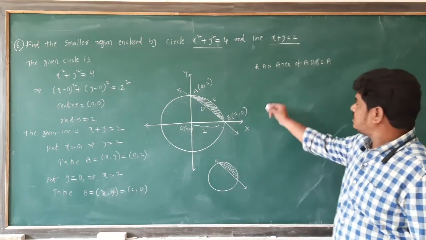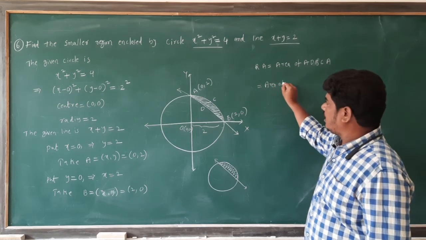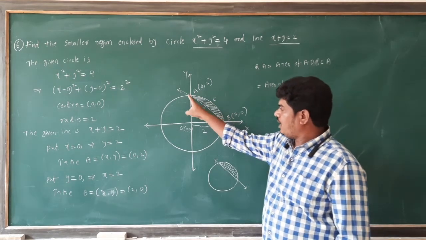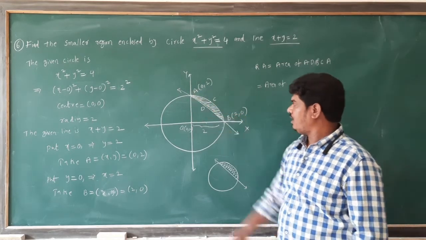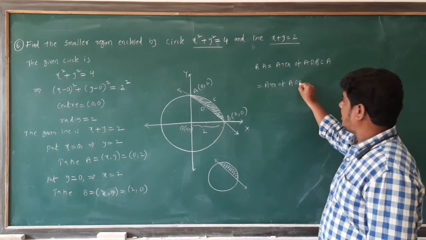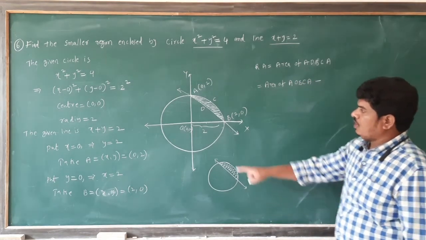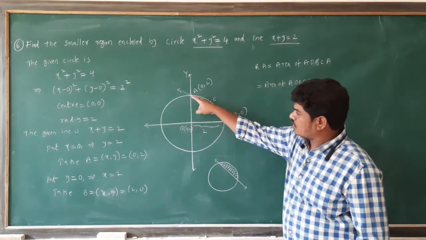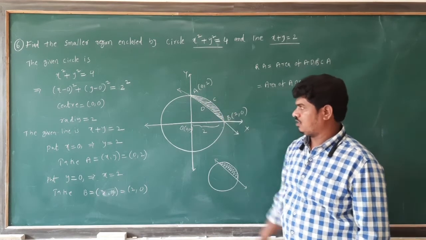Now this is equal to the area of AOBCA minus... Okay. This region is equal to this complete region minus this triangle region.